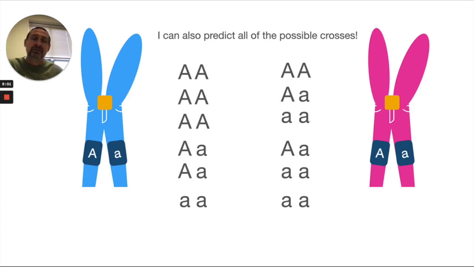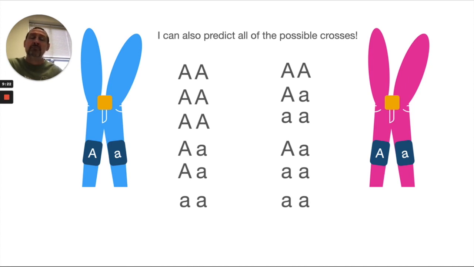Half will show the dominant trait, half show the recessive trait. In the case that both parents have the recessive traits, they're homozygous recessive, well then all the offspring are going to be recessive. Knowing this can be super helpful when you're predicting and trying to figure out genetic crosses and predicting the probability of offspring.